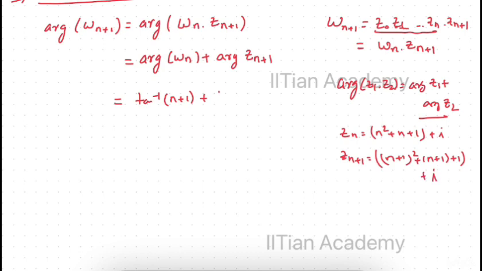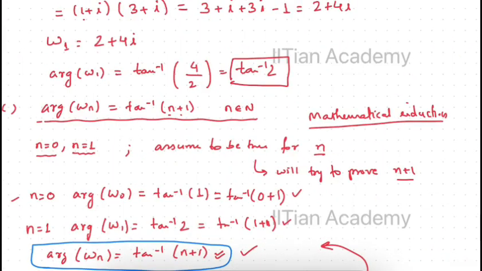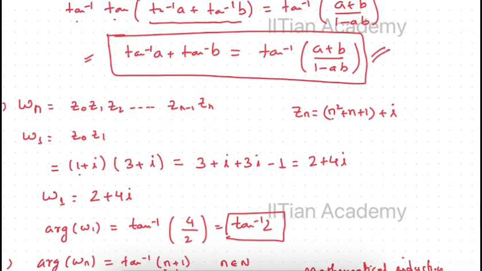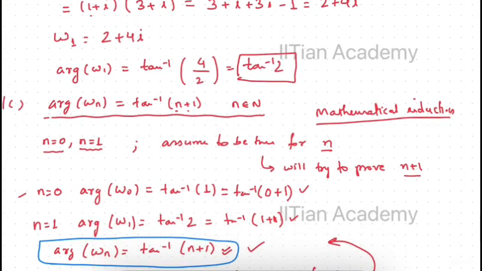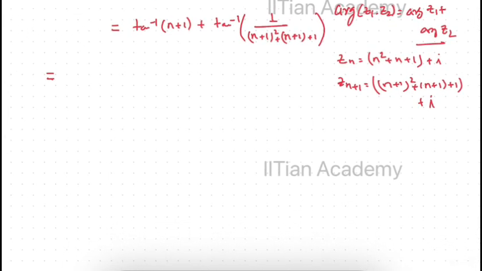Now in the previous part we have proved that tan inverse A plus tan inverse B comes out to be tan inverse of (A plus B) divided by (1 minus AB).